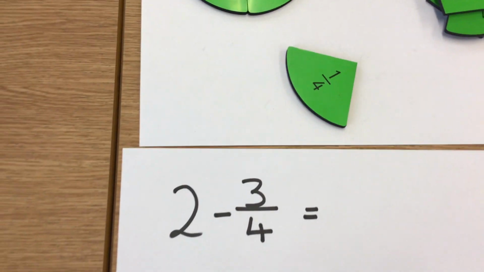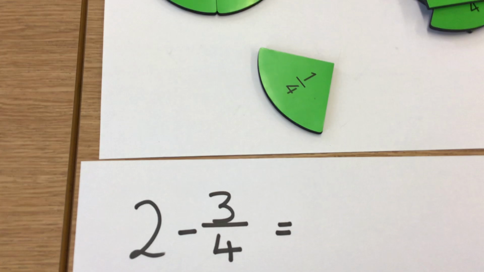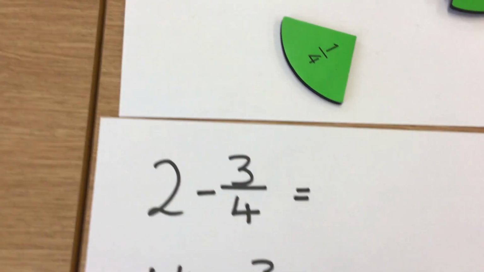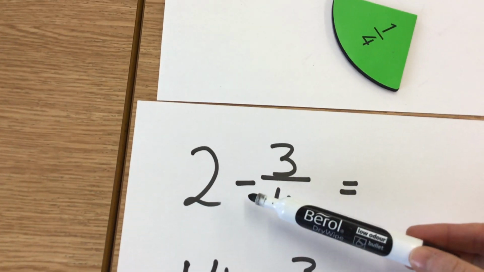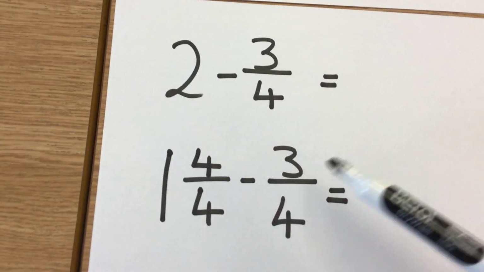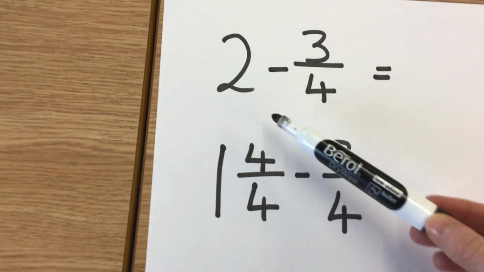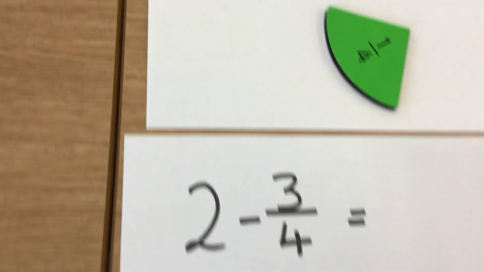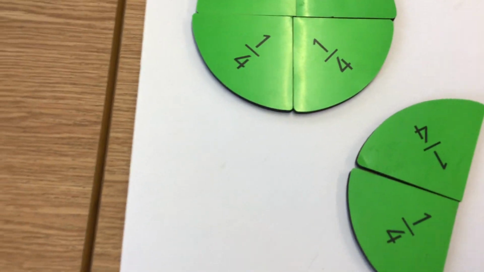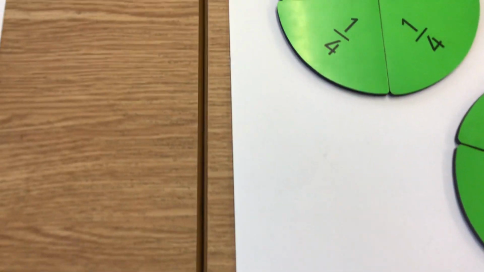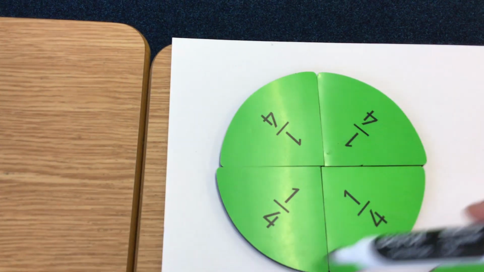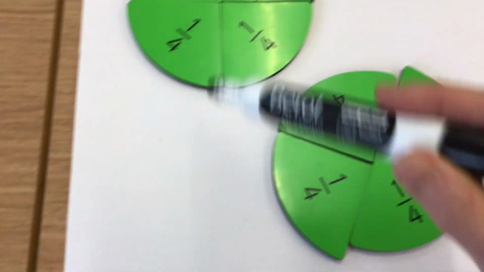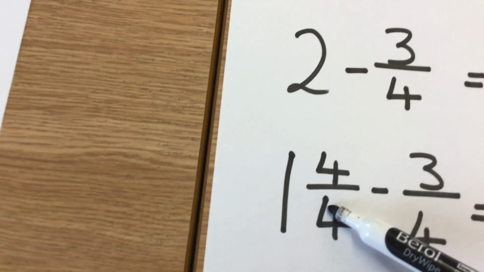But you at home haven't got this practical equipment, and you need to know a written method. So let's think again. How am I going to show my 2 wholes subtract 3/4? Remember, 2 wholes is the same as 1 whole and 4 quarters. So I can write it like that.